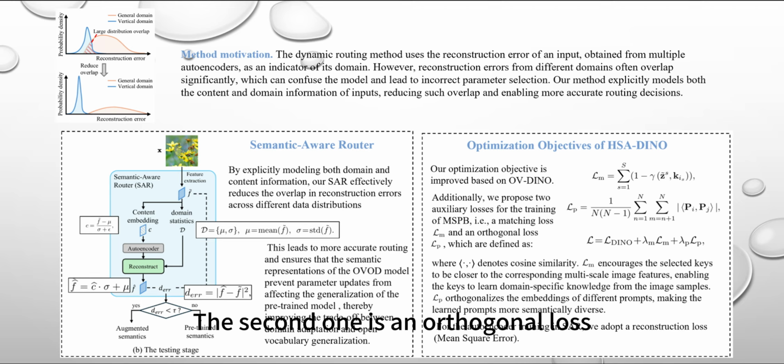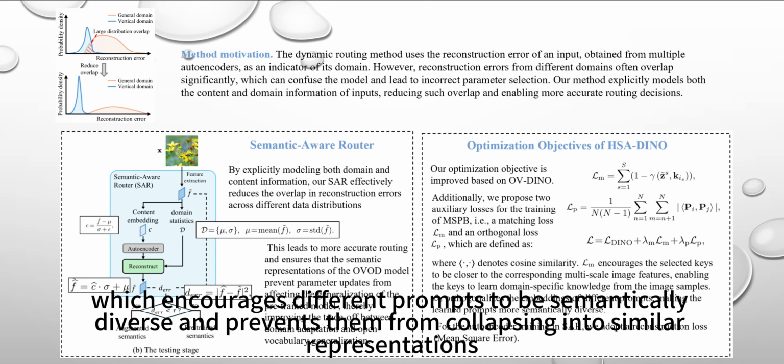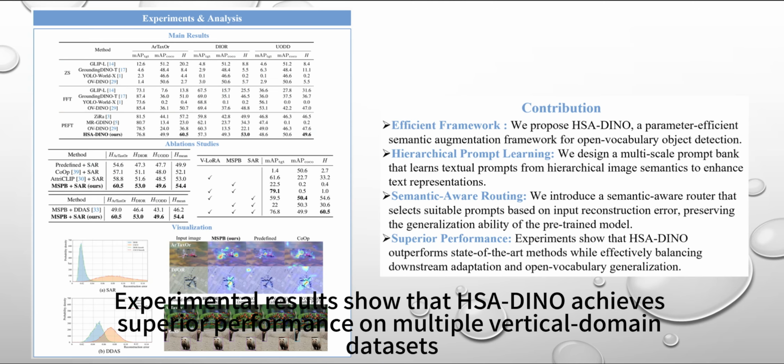The second one is the orthogonal loss, which encourages different prompts to be semantically diverse and prevents them from collapsing into similar representations.